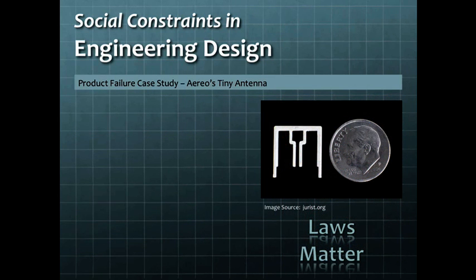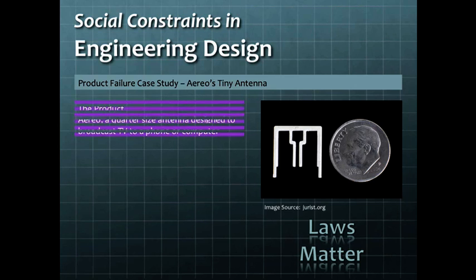Finally, we end our look at how social constraints can submarine an otherwise good product by returning back to the high-tech world, looking at the REO antenna. This baby-size antenna was designed to allow users to retrieve broadcast TV transmissions and send them to their cell phones and other computing devices in order to watch TV anytime, anywhere, on any device.